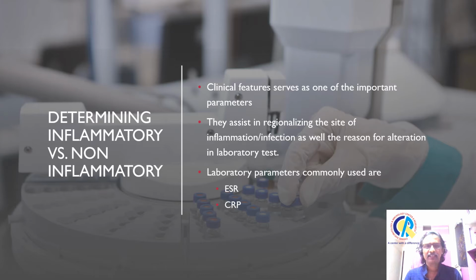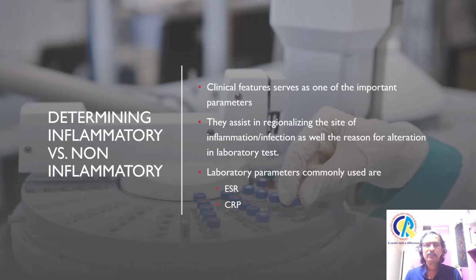The first key factor is the clinical features, which serve as important parameters to differentiate whether the given condition is inflammatory or non-inflammatory. Symptoms like early morning stiffness and difficulty moving the joints, especially after a prolonged rest, are clear indications of the presence of inflammation in the joint where the patient is complaining of pain.